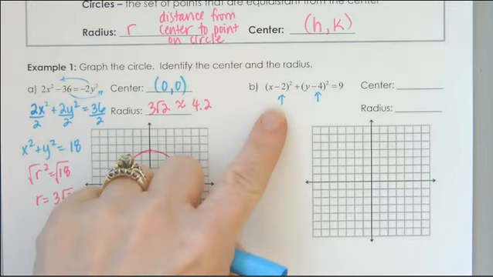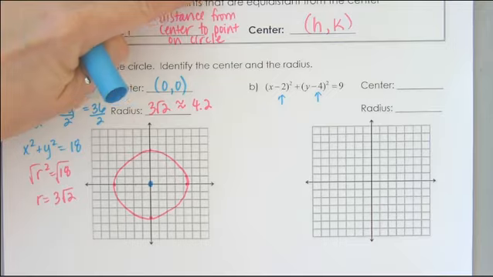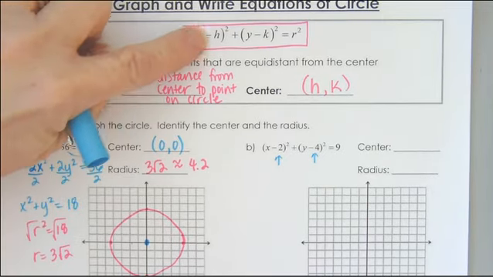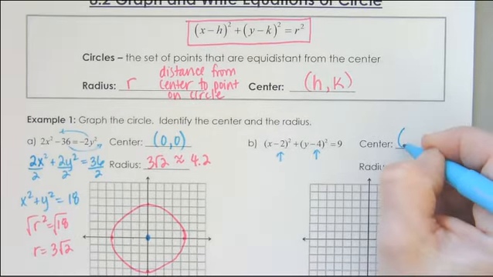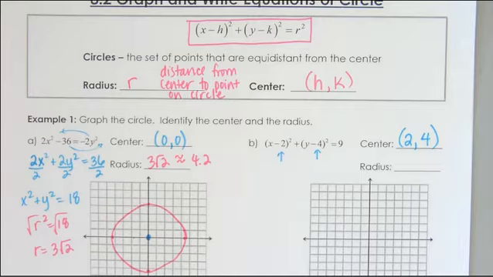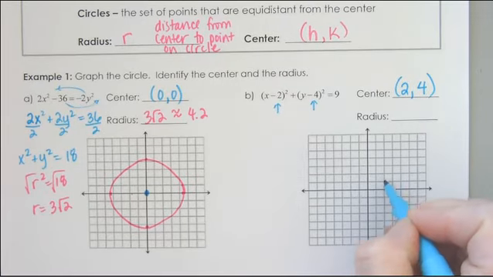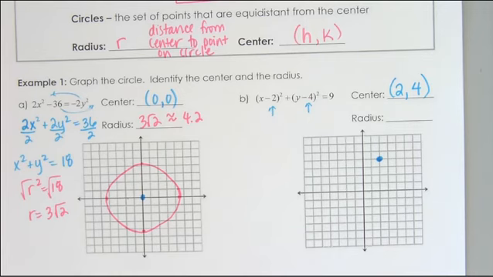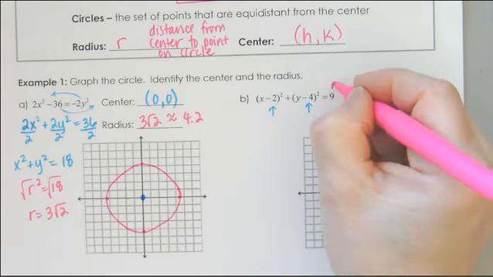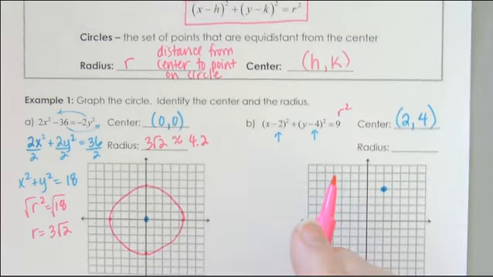It says x minus 2, but that minus is part of the formula, so my center is really going to be at positive 2, positive 4. It's always going to be the opposite of what it looks like. Plot that point, go over 2, up 4. There's my center.